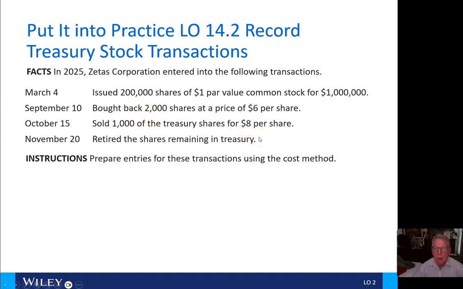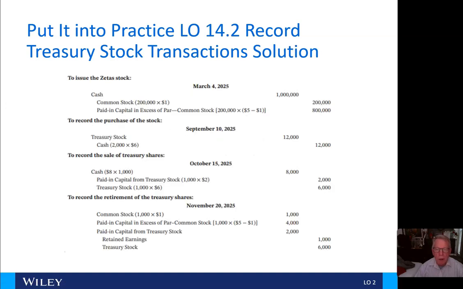So we made a couple of bucks per share on that one. And so we'll debit cash for $8,000. We'll credit paid in capital from treasury stock for the $2 per share, and the treasury stock for our basis here of $6 per share.